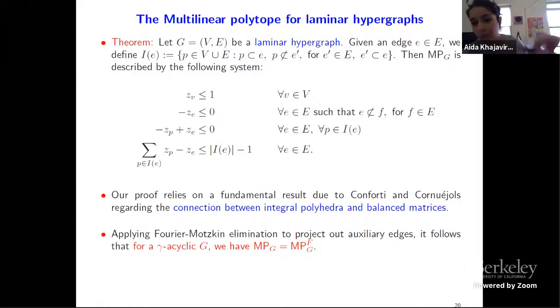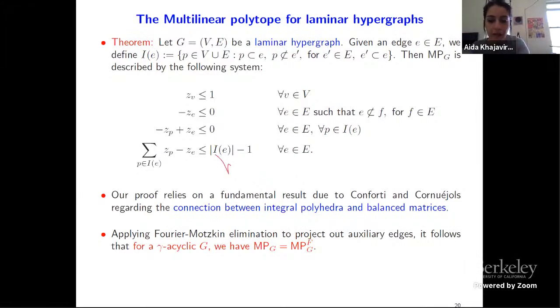It turns out, luckily, if the hypergraph is laminar, you can show the constraint matrix is balanced. And therefore, that tells you this is a convex hull description of the laminar hypergraphs. This is the result by Conforti and Cornuéjols about the connection between integral polyhedra and balanced matrices. So here we were lucky to use this result that enables us to give the multilinear polytope of laminar hypergraphs directly.